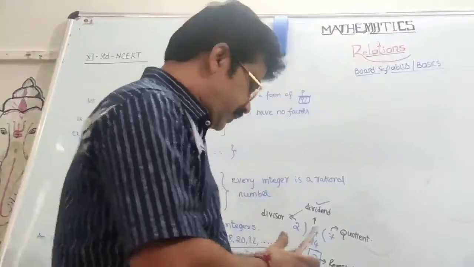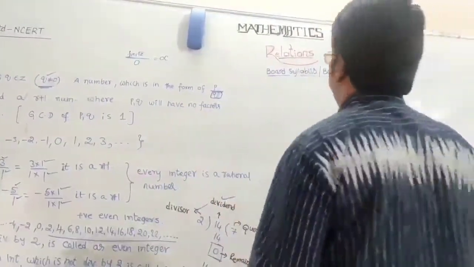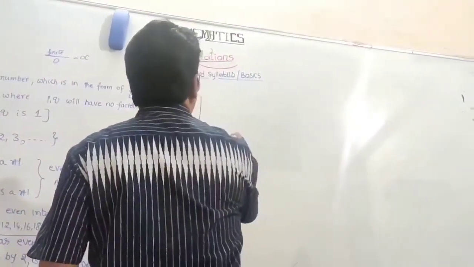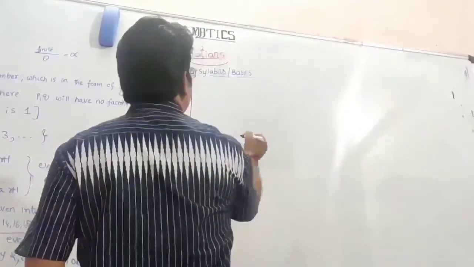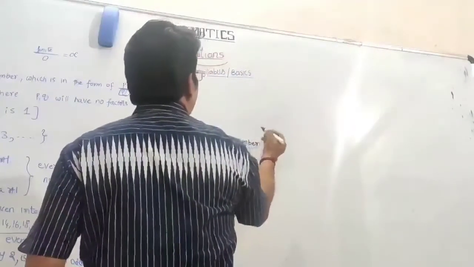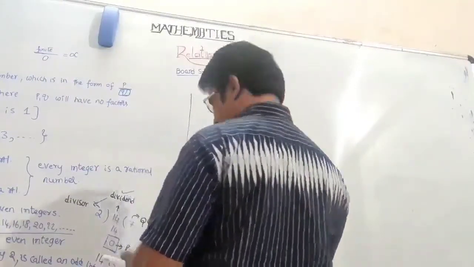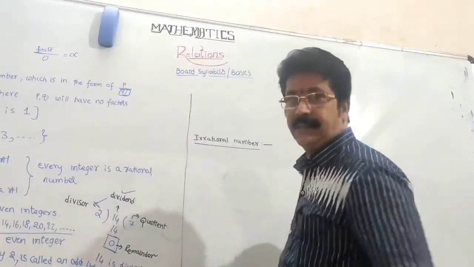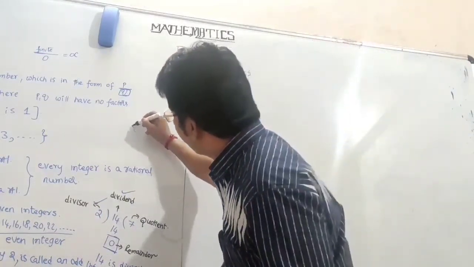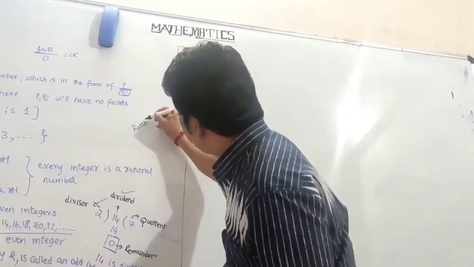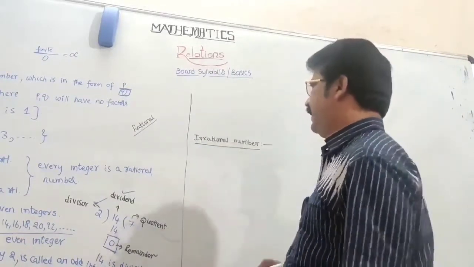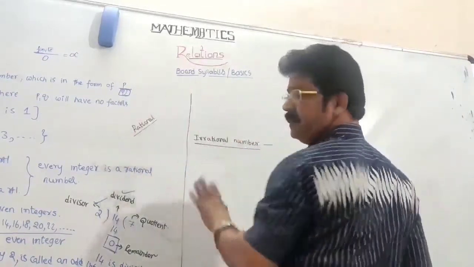Next, we are going to irrational numbers. This is an important lesson. Listen. Actually, the definition of rational number is over. Next, irrational. Irrational means the negative meaning of rational.